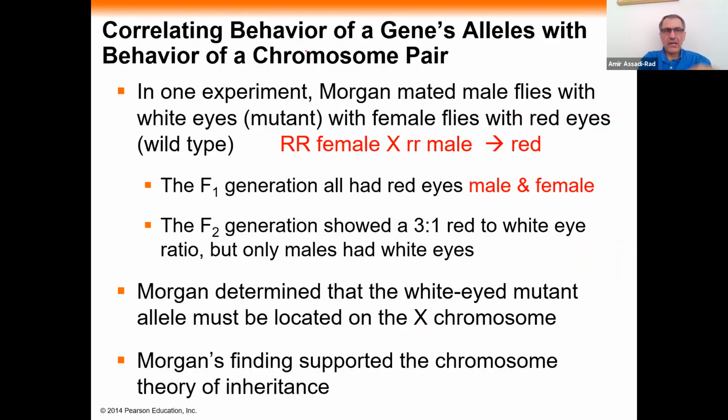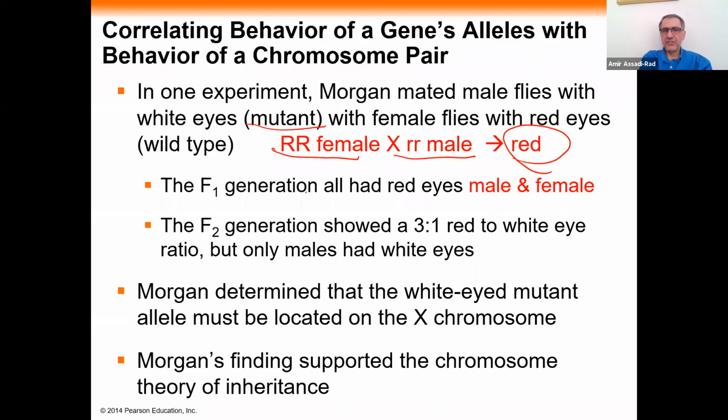In one experiment, Morgan mated male flies with white eyes, which are mutant, with female flies with red eyes, which is the wild type, and he got all red.